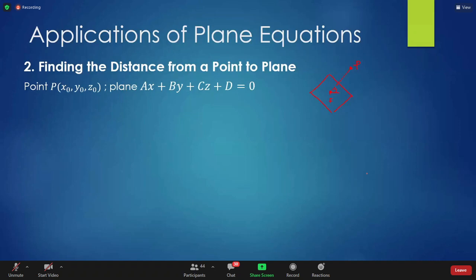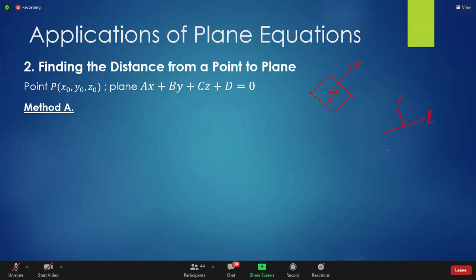Two methods, very similar to what we did with the line and the point in 2 dimensions. Remember, we had a point and we were finding the distance to the line.